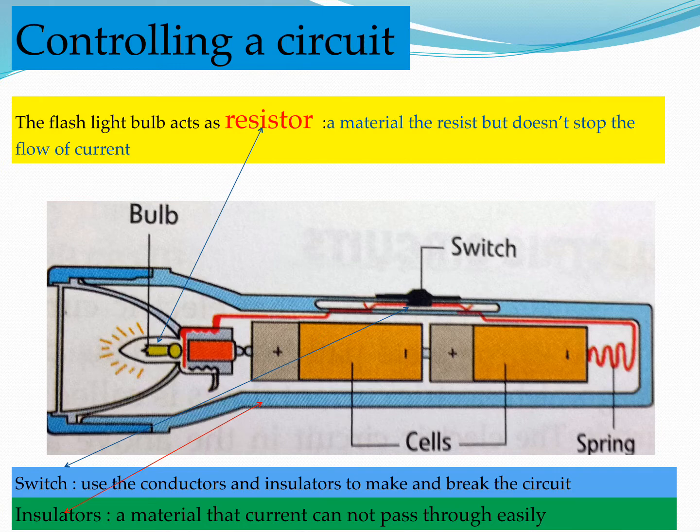Now, on the other hand, we have materials that do not conduct electric current, or current cannot pass through easily. These materials are called insulators. An insulator is a material that current cannot pass through easily.